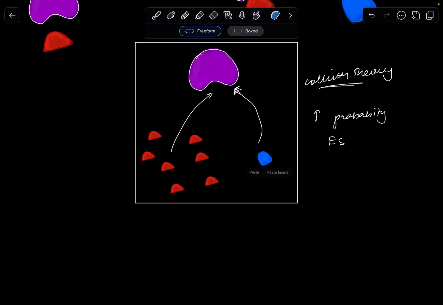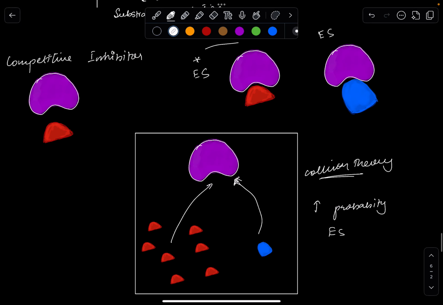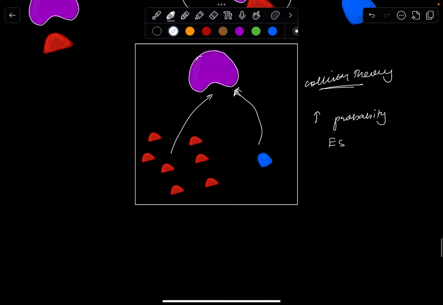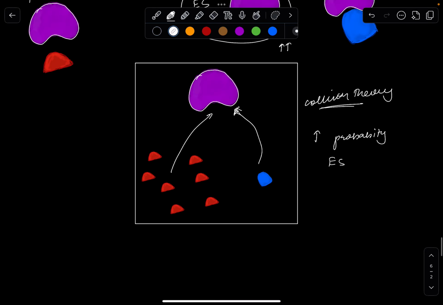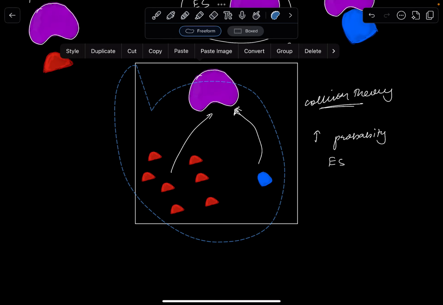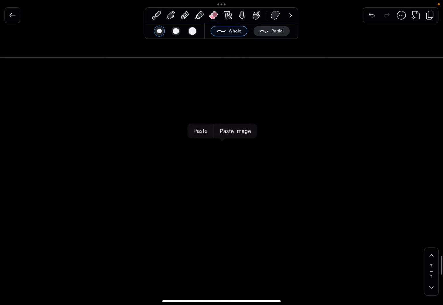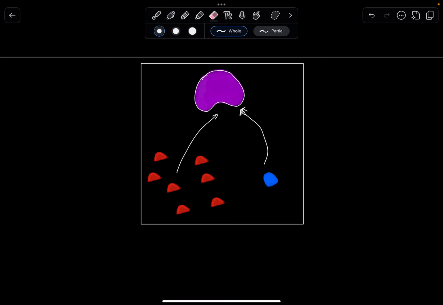There's a very high number of red substrate compared to the blue one. So the probability of that collision happening is higher, hence this desired ES complex forming is higher. Now what happens if I take the same box and I increase the inhibitor in this?